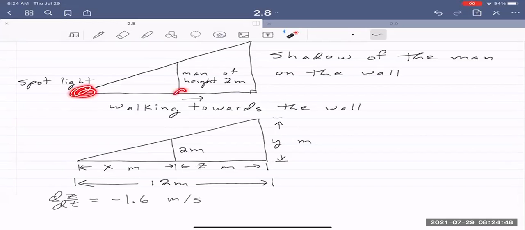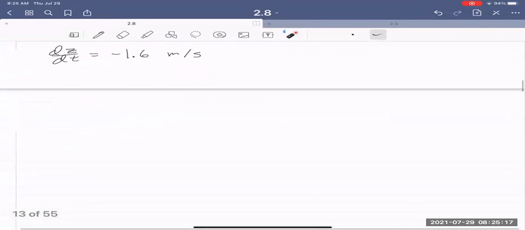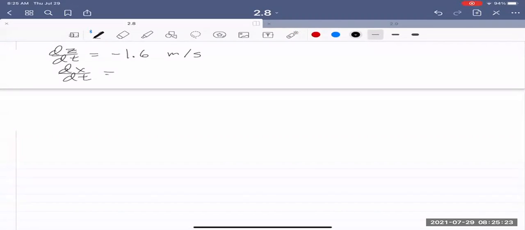Therefore, this distance here is increasing at the same rate, since you're talking about a fixed point. And so I could also say that dx/dt is 1.6 meters per second.